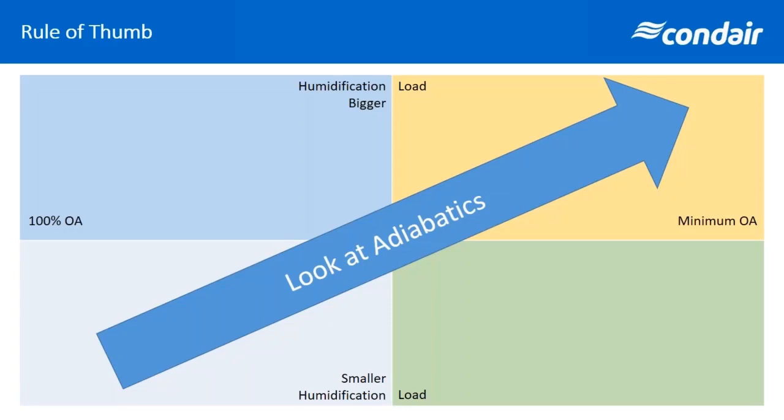Now, if I'm rule of thumbing this, the more outside air you have and the smaller your humidification load down in the bottom left-hand corner is where we're going to look most likely at a steam technology. So this will be your 15 or 20 pounds an hour. You're more likely to look at steam down here because the capital cost won't justify it.